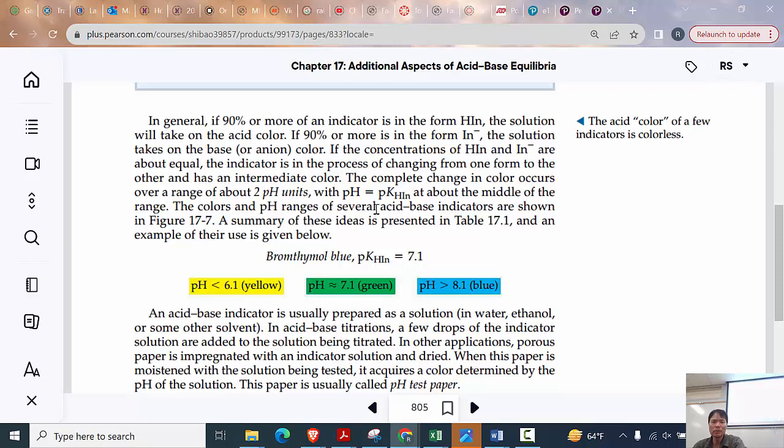So that means at 6.1 and below, it's yellow. And at 8.1 and above, it's blue, because the acid color is yellow and the base color is blue. But in between 6.1 and 8.1, we have a mix. And so when you mix yellow and blue, do you know what color you get? Green, yeah.